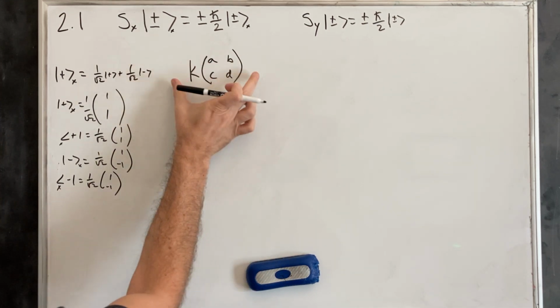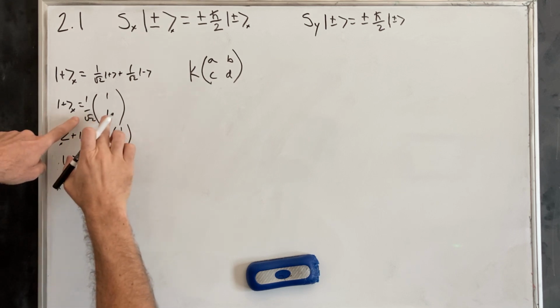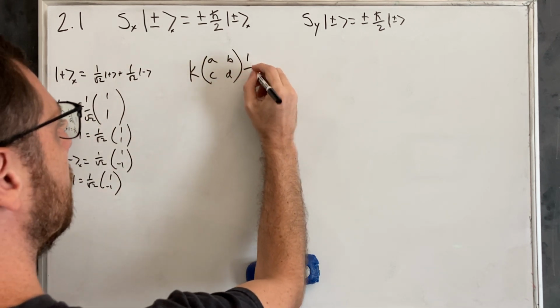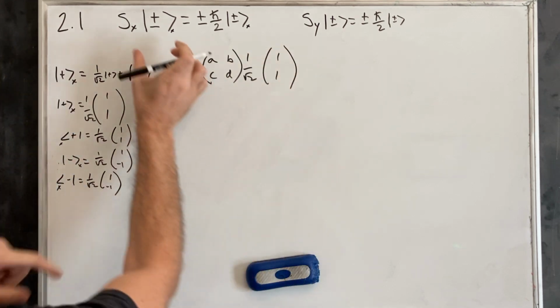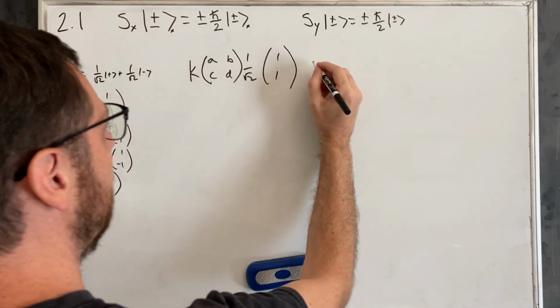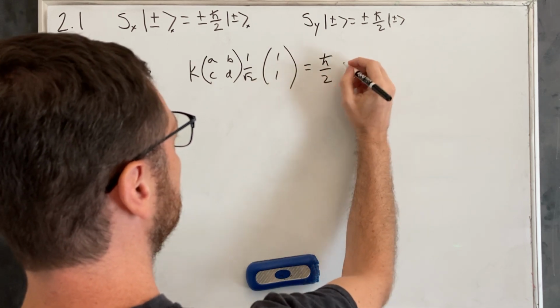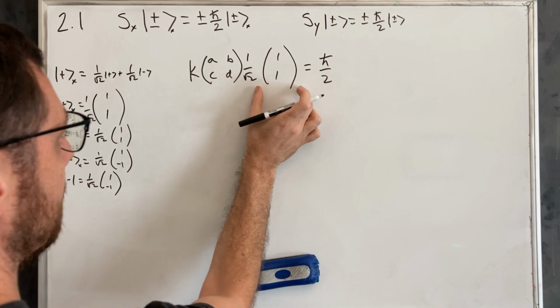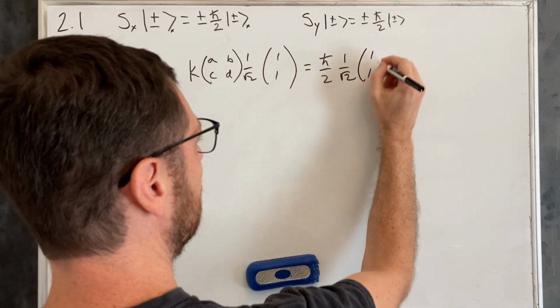So when we apply the matrix to our up, we'll start with up. So we have 1 over root 2, 1, 1. That's going to be our up state for x. That's going to equal h bar over 2, and then we're going to get this back again, so 1 over root 2, 1, 1.